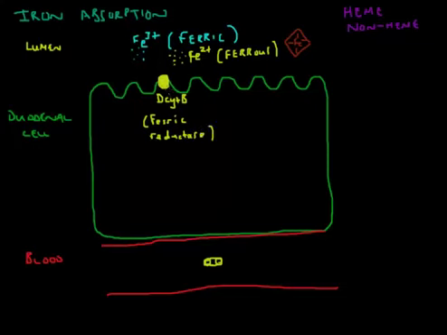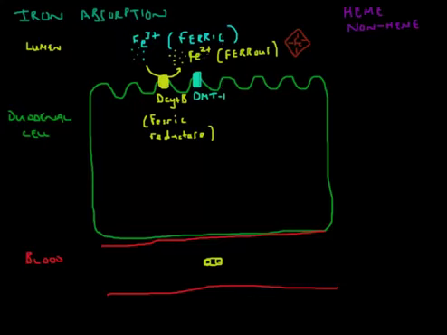Okay, so with this molecule it will be able to change the Fe3+ into Fe2+, and the Fe2+ can then be absorbed by another molecule on the surface. And we'll give it a, let's draw this one here. We'll draw it like this. This one is called DMT1, or divalent metal transporter 1, DMT1.